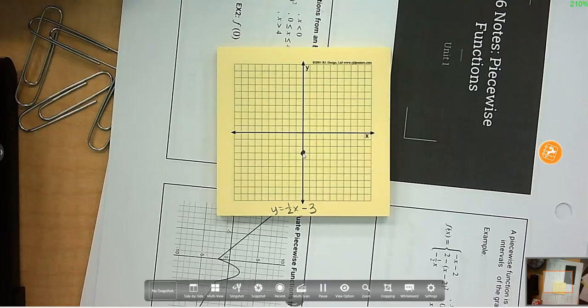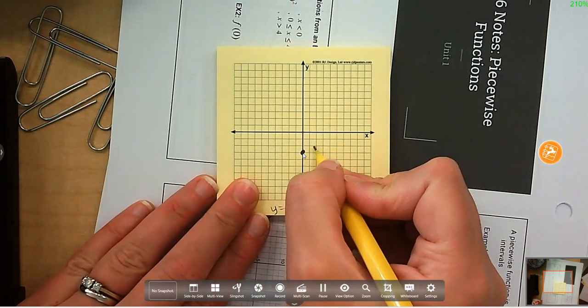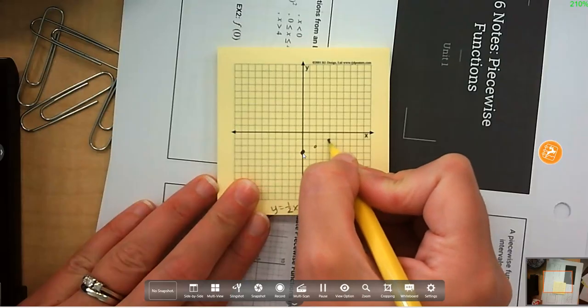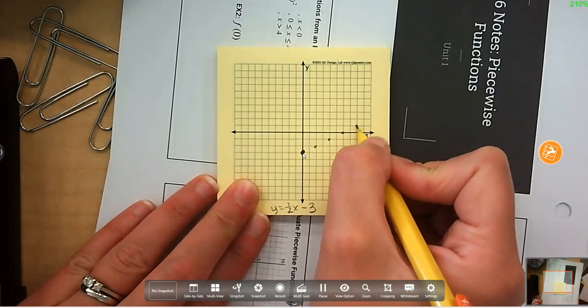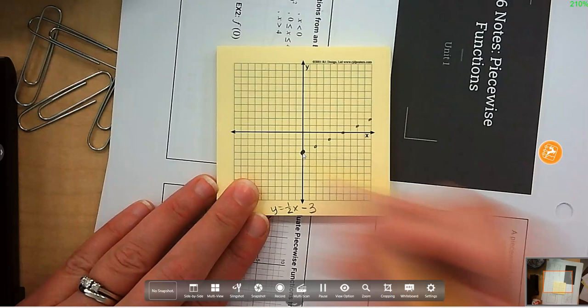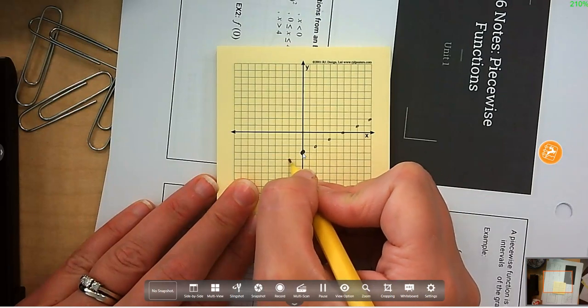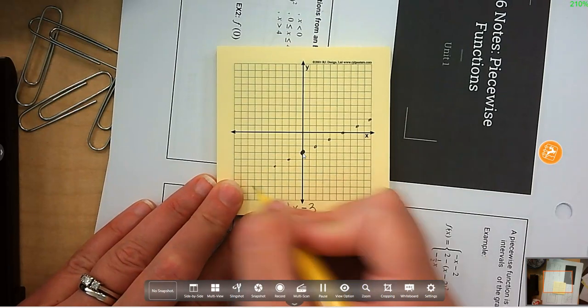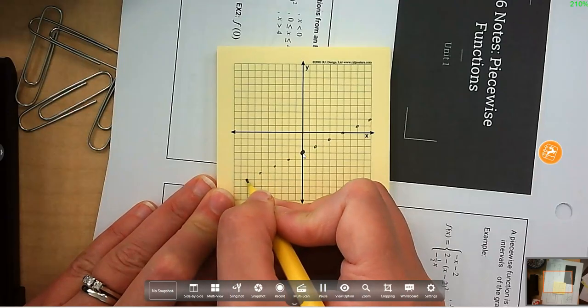And then the slope for this graph is 1/2. That is rise 1, run 2, up 1, over 2. So you're going to go up 1 over 2, up 1 over 2, up 1 over 2, like this. You also can go down 1, left 2 to get the other side of the graph.